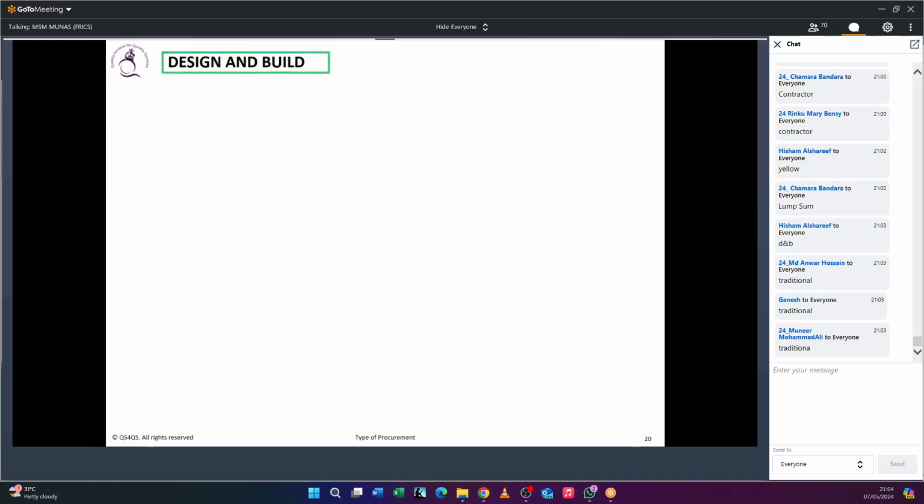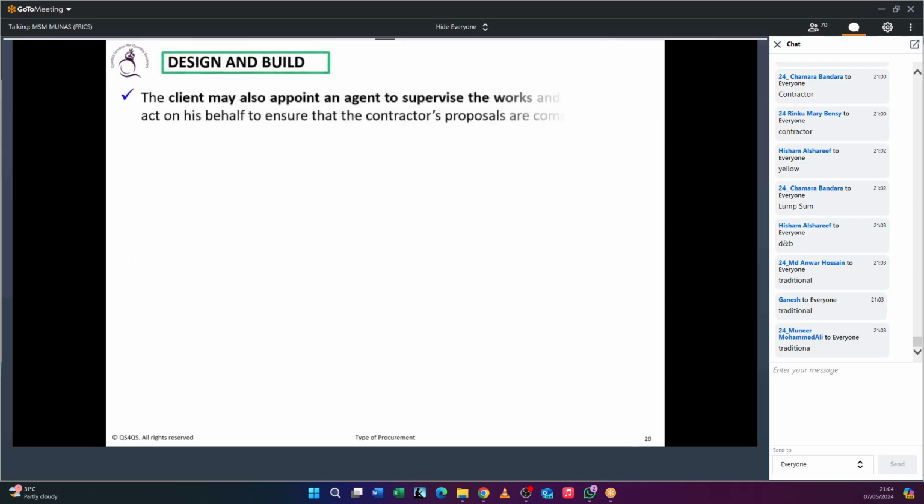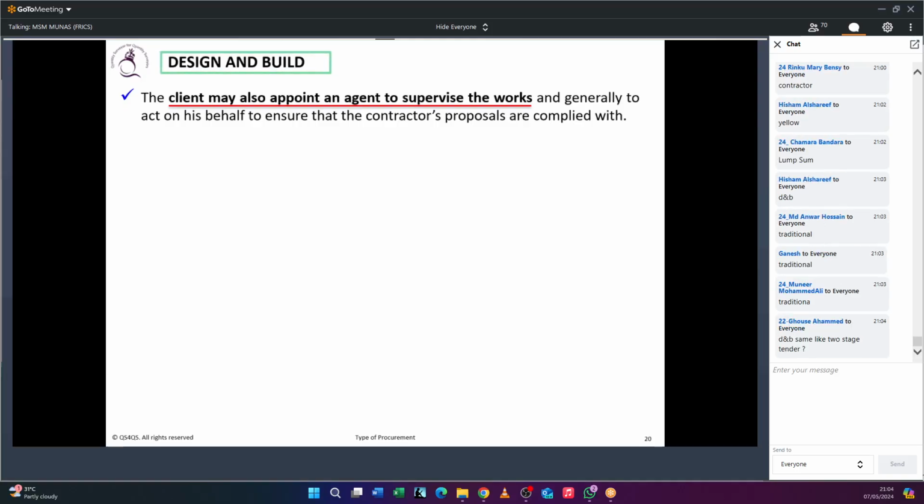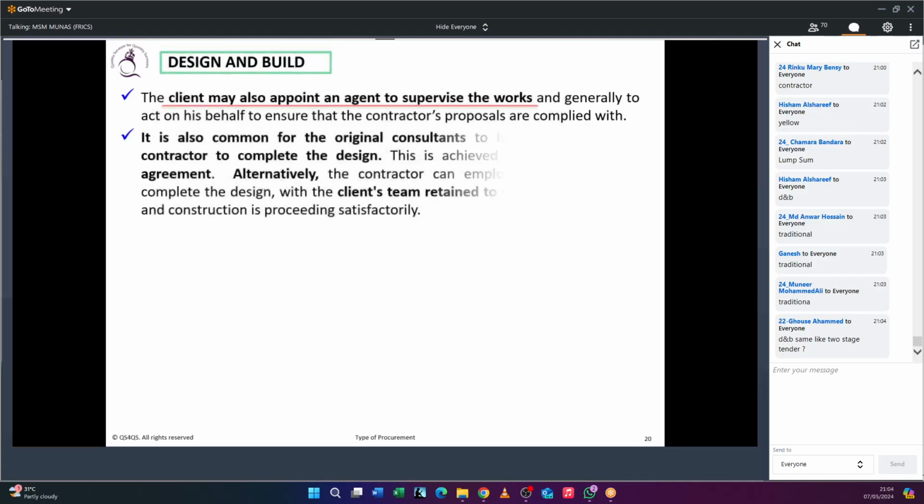Or sometimes, while he is appointing a different project management consultant, he can do one more thing. The people who prepared the employer requirements have a good idea about the employer's mindset, isn't it?